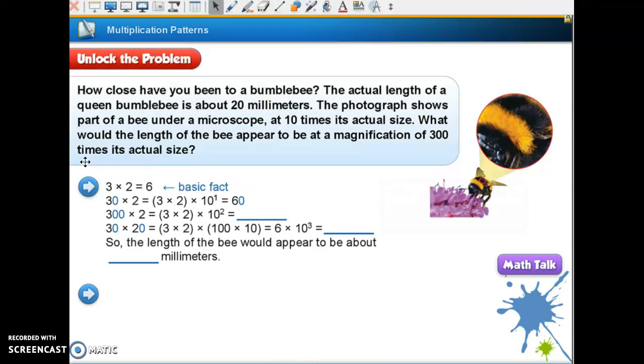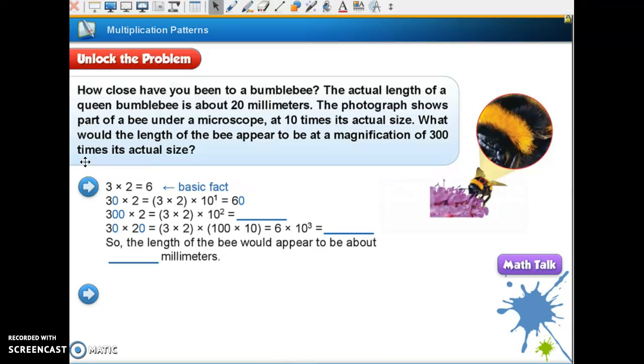And then we're going to multiply it times 10 to the first power. We're going to multiply it by 10 because the 3 here got multiplied by 10, right? Then we're going to multiply it by the second power of 10. And so then we have 3 times 2 times 10 to the second power, because we're magnifying it 300 times.